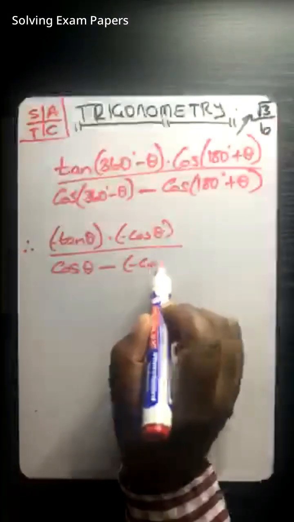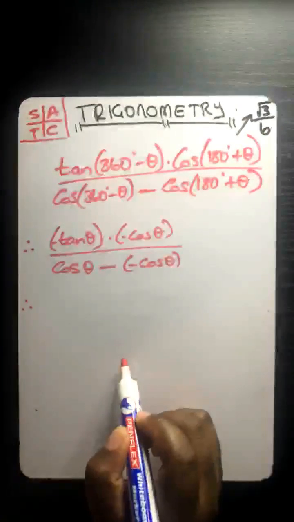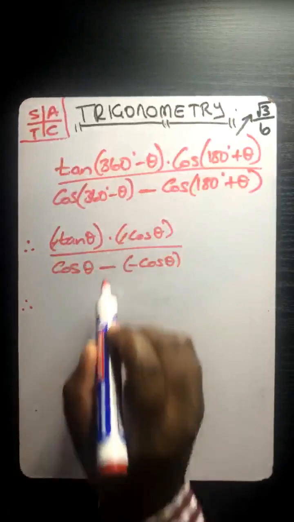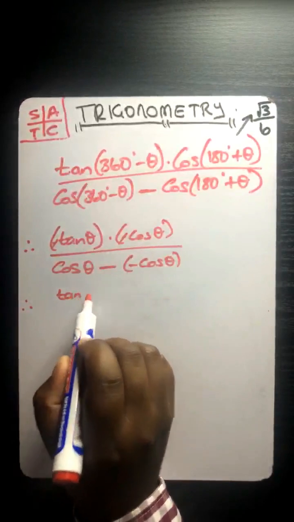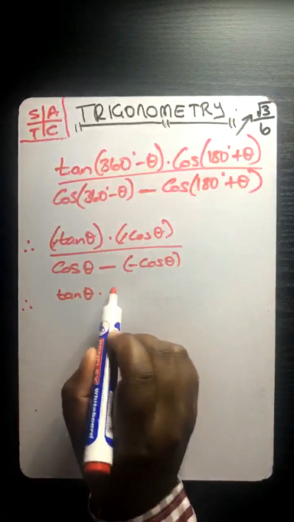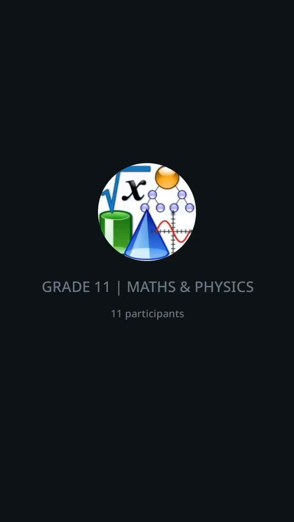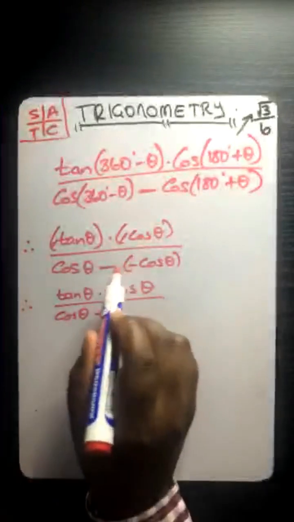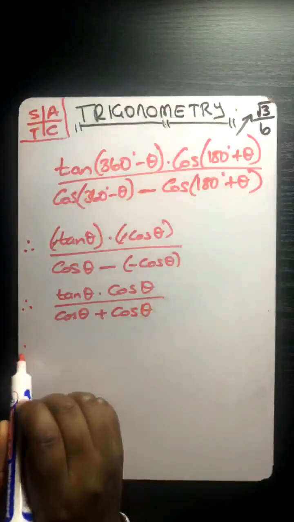This takes me in the third, and in the third cos is negative. So I'm having negative cos of an angle. So it is at this stage where I'm going to say that negative, I cancel it with that negative. This one multiplies with that. So you end up having tan of an angle multiplying cos of an angle. The whole of that is now dividing cos of an angle. Obviously, it's a plus because those multiplied, and then cos of an angle.